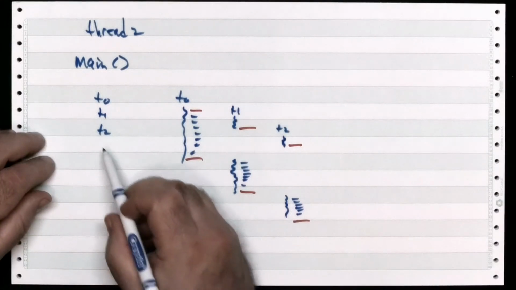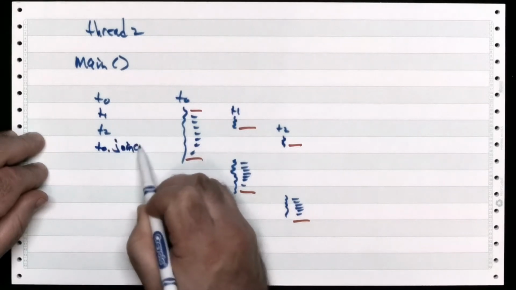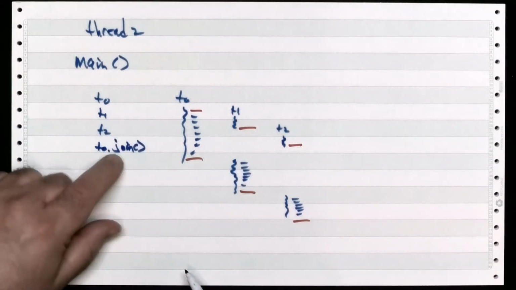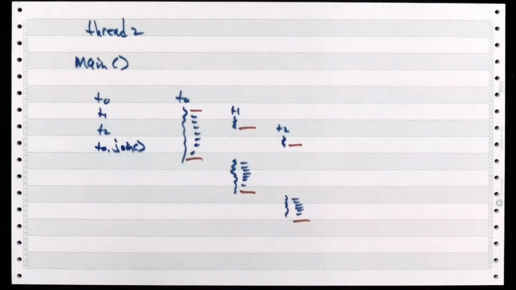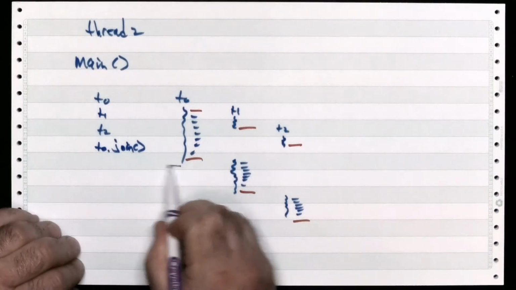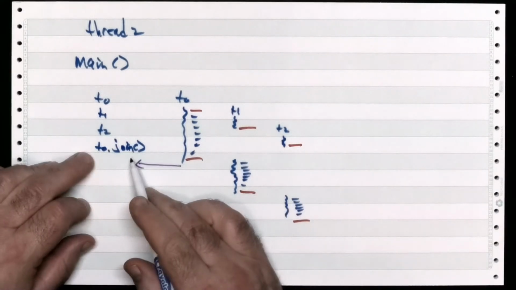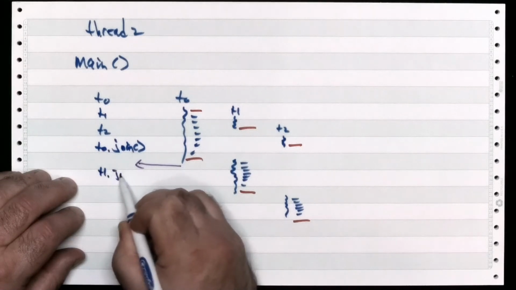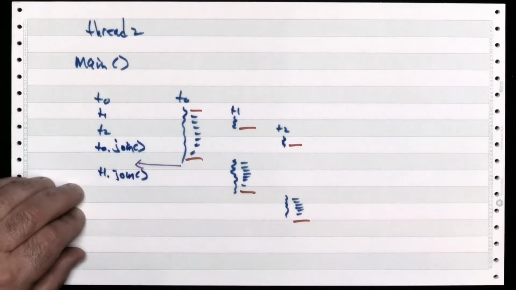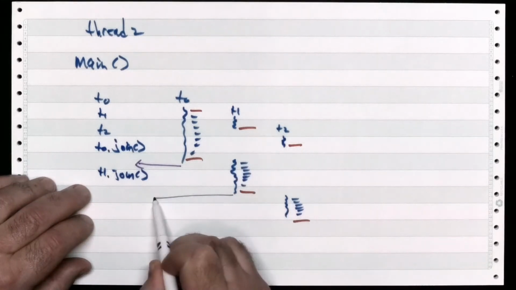So main says, thread 0 join. And it can't do anything until here. So maybe we'll use purple, right? So when this one's done, main can then wake up and join with thread number 1. So it says thread 1 join. And it can't do anything until thread 1 is done.